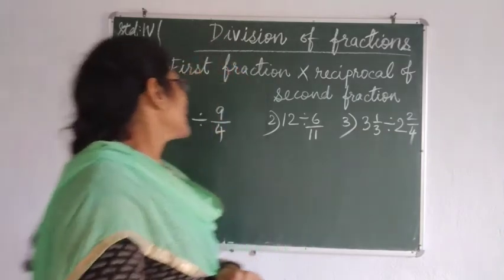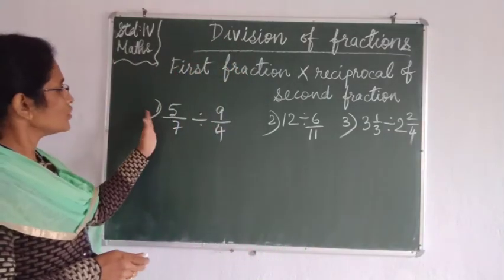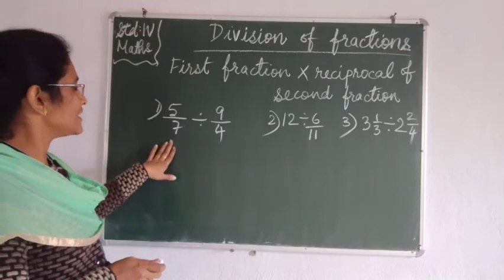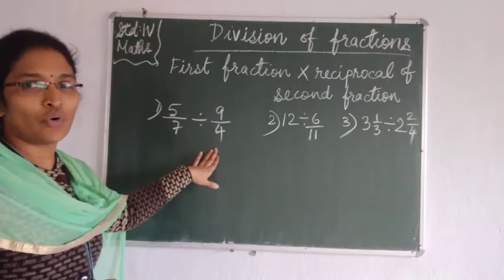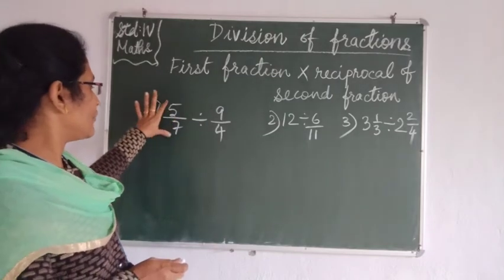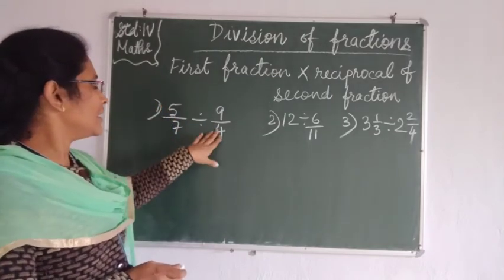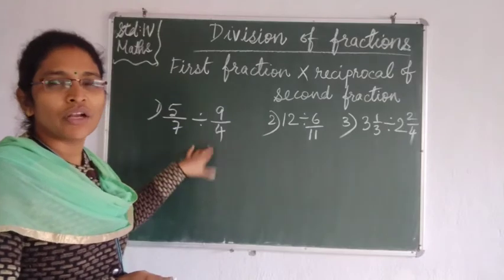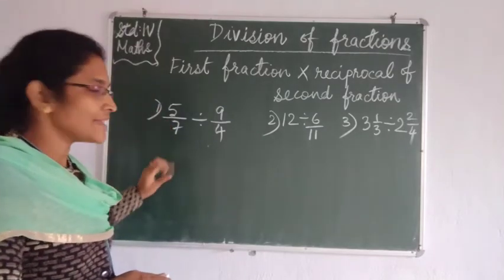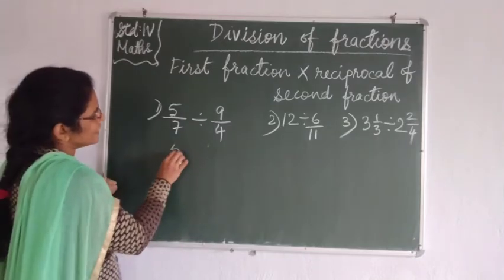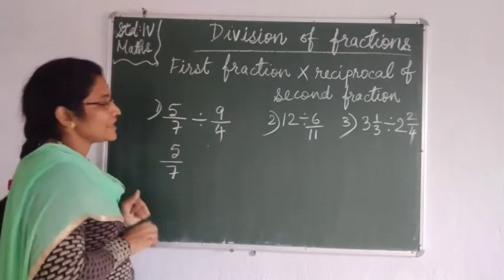Okay, we can see here question number 1, 5 by 7 divided by 9 by 4. We are going to divide 5 by 7 by 9 by 4. Now what to do? We will write the first fraction as it is here, that is 5 by 7.